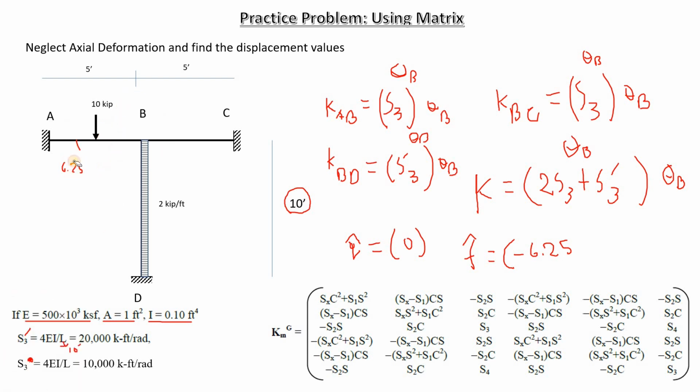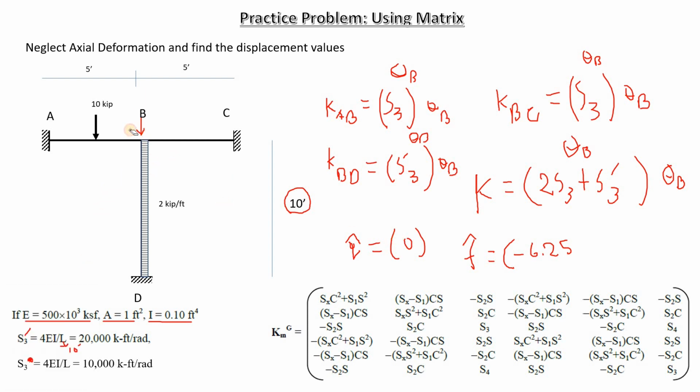You can see we are not taking a fixed end reaction here because we are determining theta, and theta is associated with moment, not associated with forces. That's why we're not taking the fixed end forces. And we also did not take any Q values because there are no moment values here. If there was an external load value here, Q would have been 0 because we are determining theta B, and theta B is a rotational displacement, and rotational displacement is only associated with moment values, so force values are not going to have any effect on it.